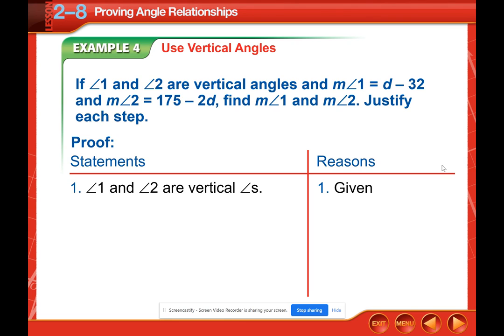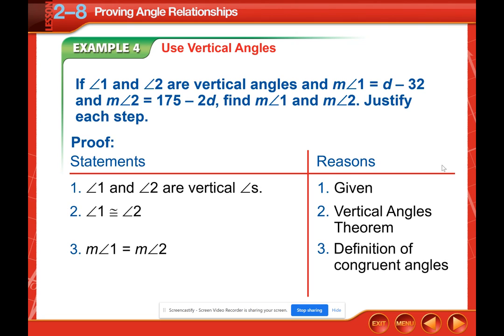So we are given that angle 1 and angle 2 are vertical angles. Therefore, they are congruent by the vertical angles theorem. Because they are congruent, the measure of angle 1 is equal to the measure of angle 2 because of the definition of congruent angles.